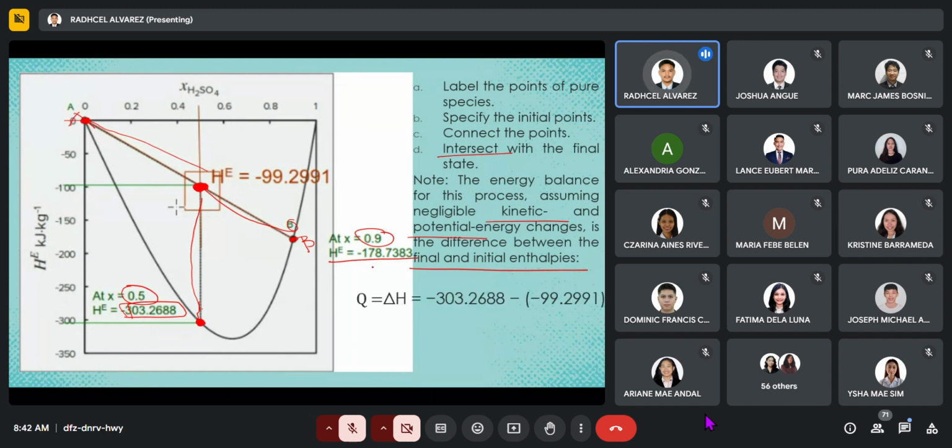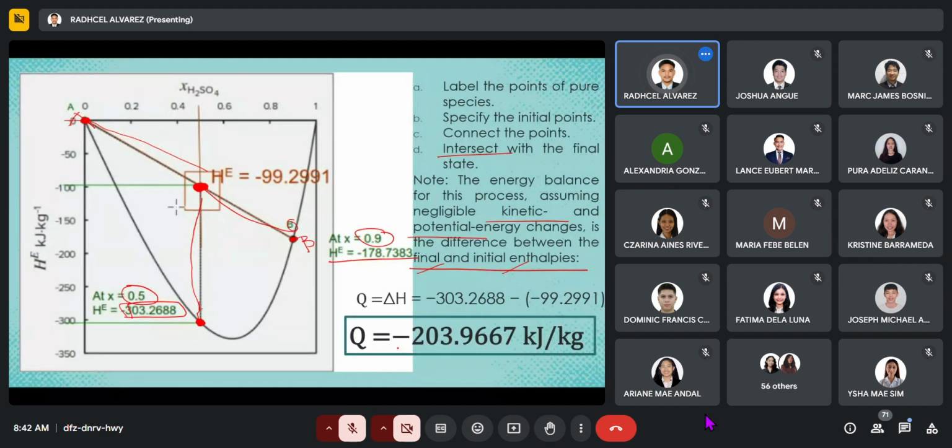Okay? So sabi natin for the energy change, meron tayong the difference between your final and initial enthalpies. So meron tayong negative 303.2688 minus negative 99.2991, giving us our heat requirement na matatanggal.